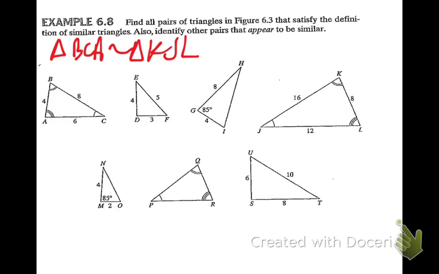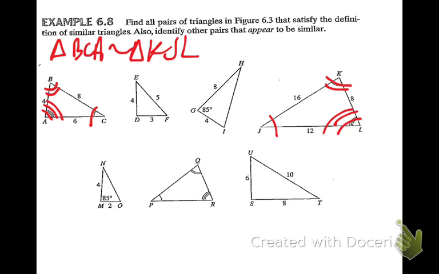We know that because in BCA, angle B is congruent to angle K. Angle C is congruent to angle J. And angle A is congruent to angle L. Right? All three angles are congruent.